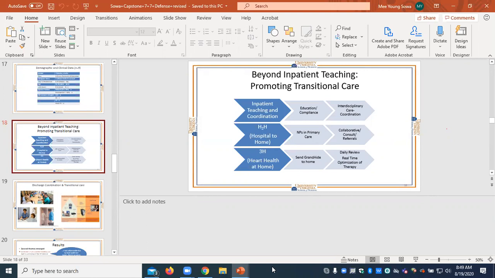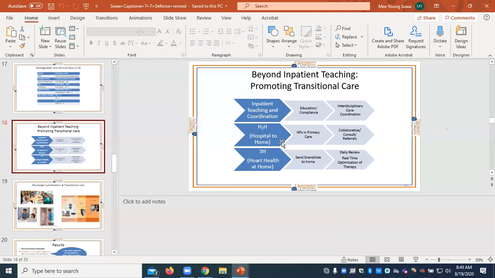Of course, the social worker and case manager meet the patient already. This person is trained to teach about heart failure. They include family members because we believe, because we didn't give perfect teaching, that may be the reason they may not take the medication. They may not check their weight every day. That's when we are giving that kind of inpatient teaching.